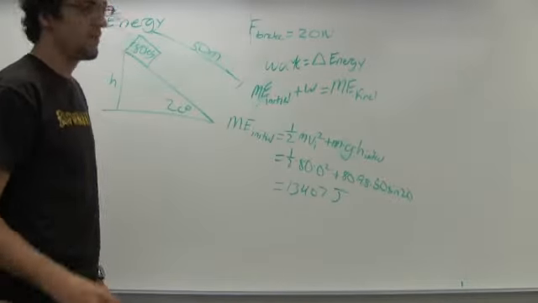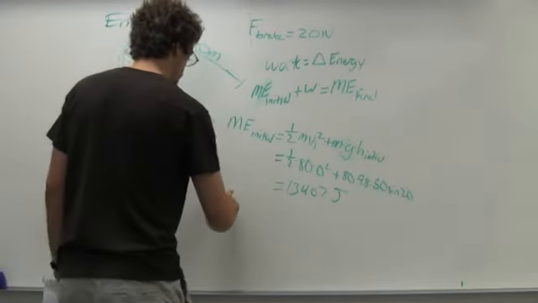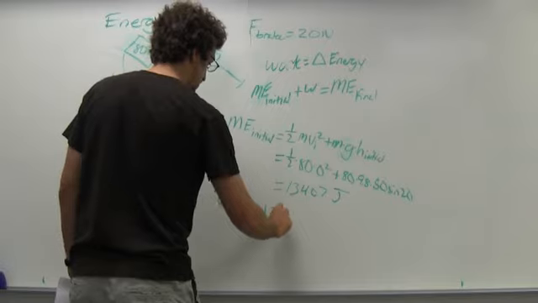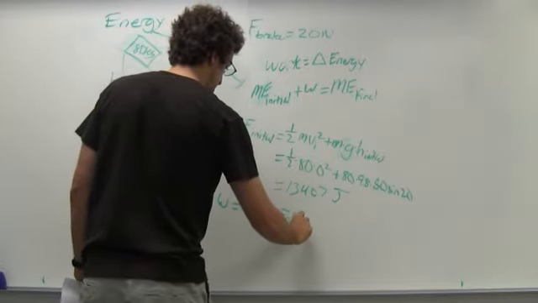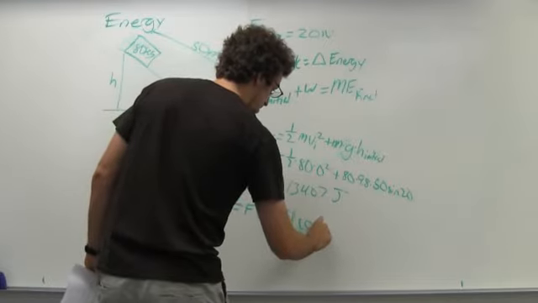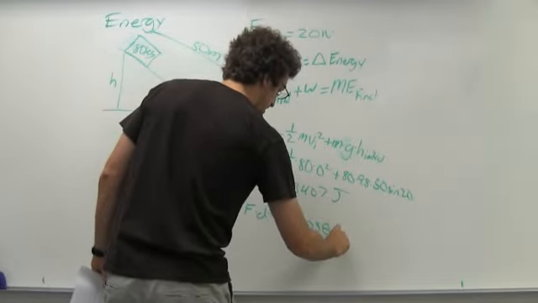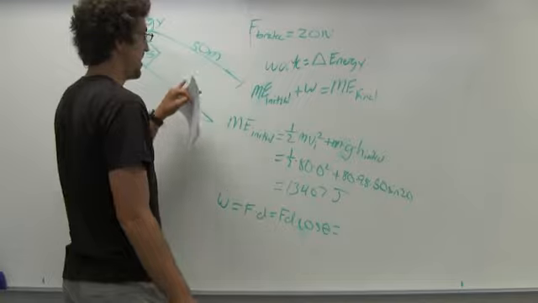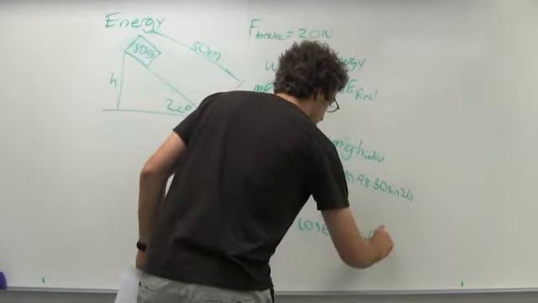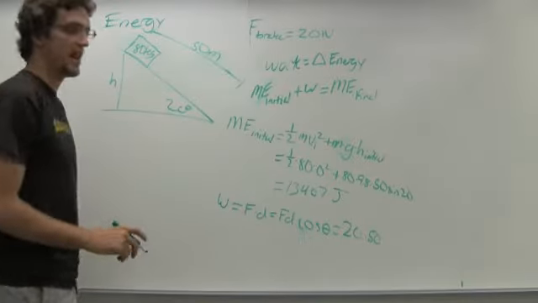Then we calculate work. Work is going to be easy to calculate this time. We've got force dot distance, or force times distance times cosine of theta. In this case, the force is 20. The distance is 50. And theta is going to be 180.